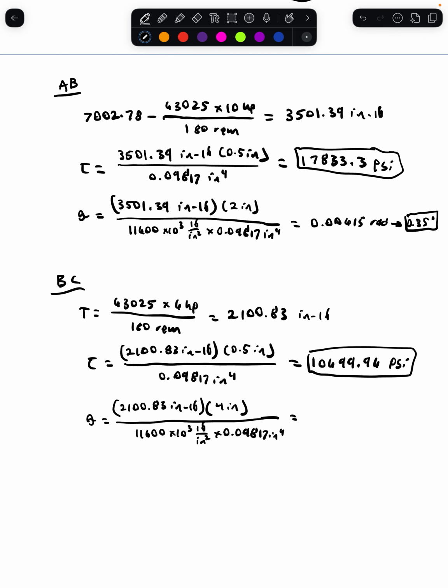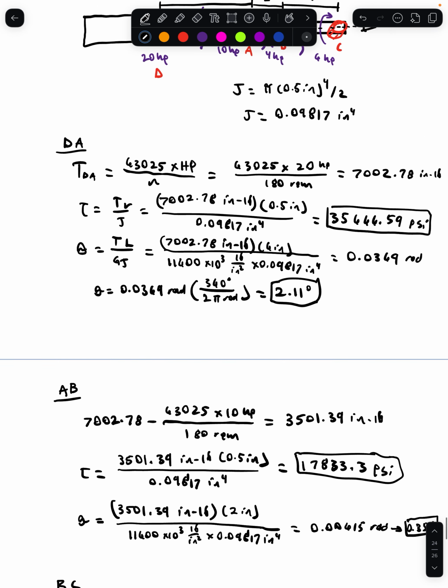Sorry, I entered that wrong into my calculator. Let me redo that real quick. Okay, so 0.00738 radians, which is going to be 0.42 degrees.